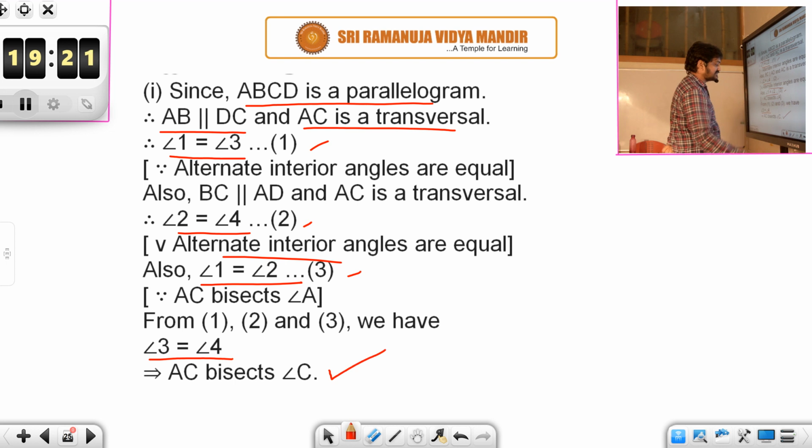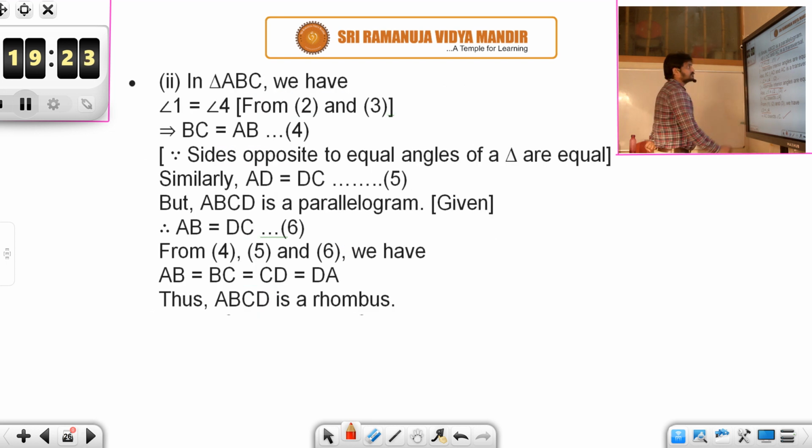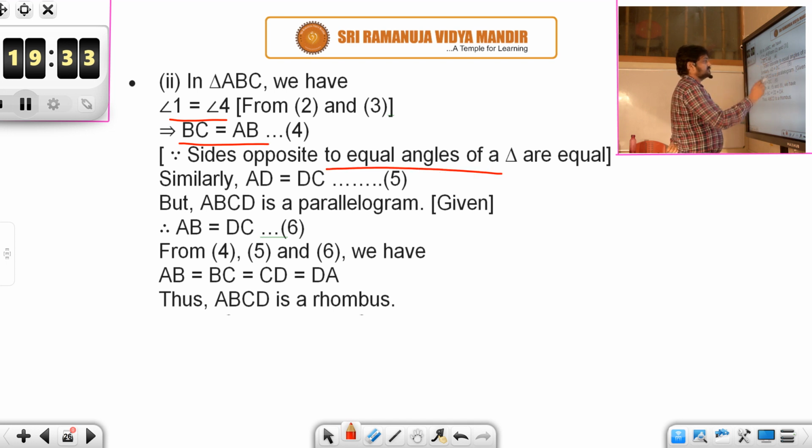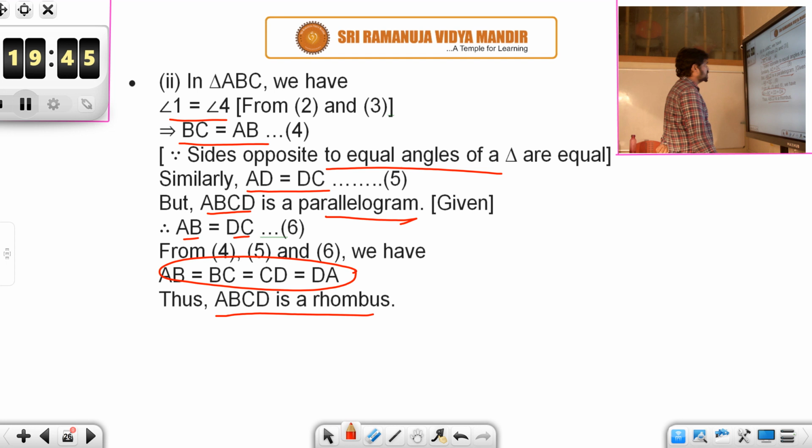That means AC bisects angle C. And then in triangle ABC, we have angle 1 is equal to angle 4. So sides opposite to equal angles will be equal. Similarly, other sides also. Given ABCD is a parallelogram, opposite sides will be equal. So from all this you could conclude that all the sides are equal to each other. So hence ABCD is a rhombus.